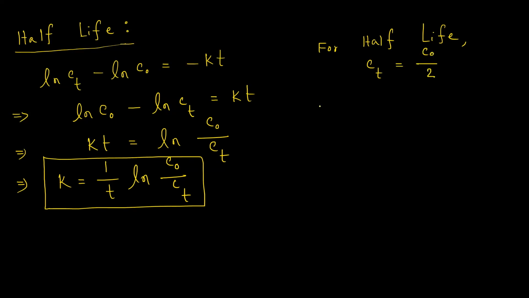So we can write rate constant K is equal to 1 by this T, which will be T half, as we are calculating T half, ln C naught upon C naught by 2.